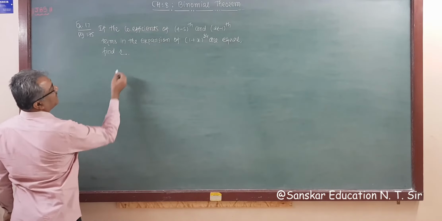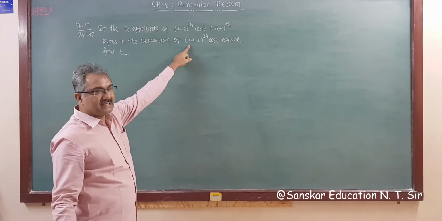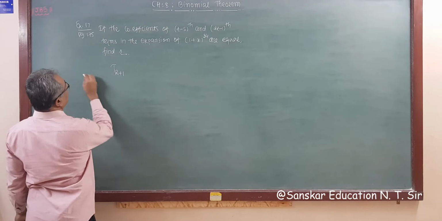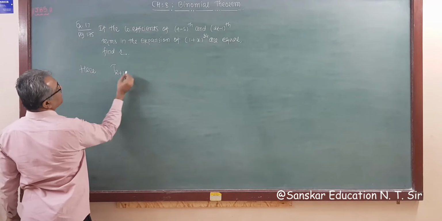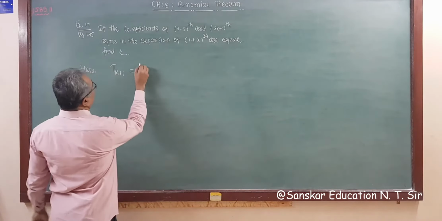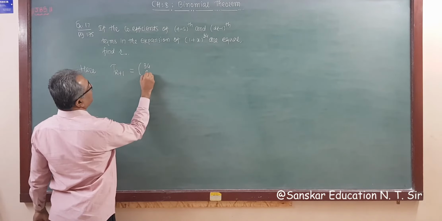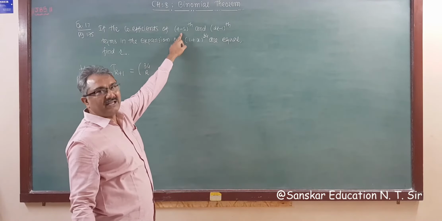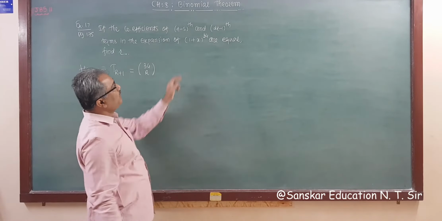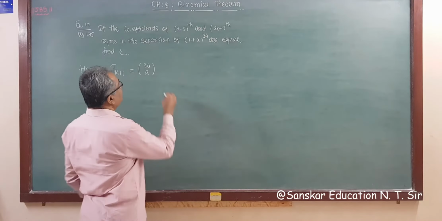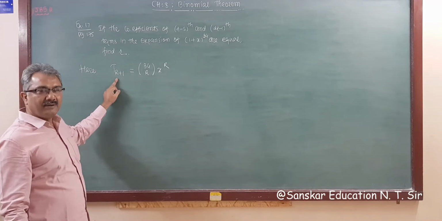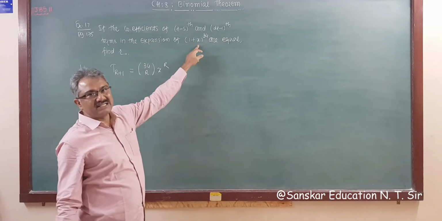So T r plus 1 here is equal to nCR, that is 34CR. I am taking capital R because it is also given small r here, that's why I am taking capital R. 34CR into x raised to R, right? So x raised to R is the r plus 1 term for this expansion of (1 plus x) raised to n.